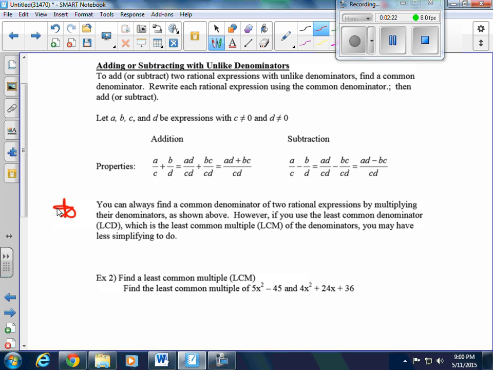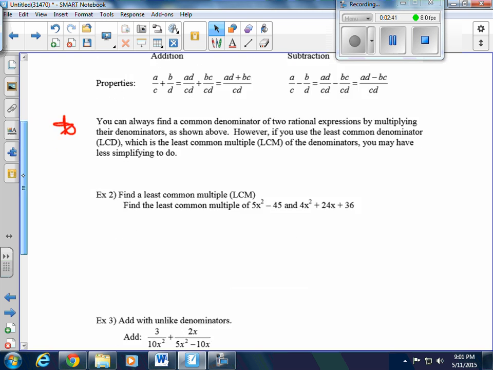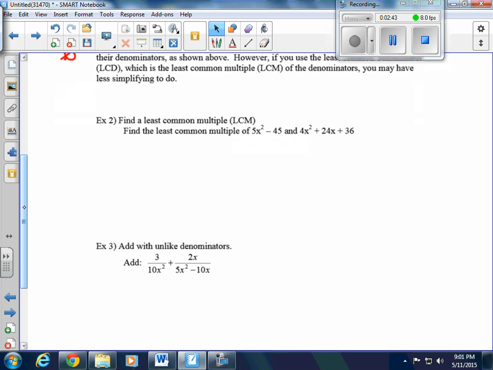However, if you use the least common denominator, the LCD, which is the least common multiple of the denominators, you may have less simplifying to do at the end. So our goal is to find the smallest common denominator so we don't have to spend so much time reducing when we are done. So example 2 is going to take us through that just a little bit.